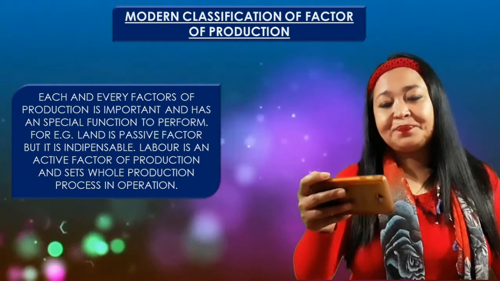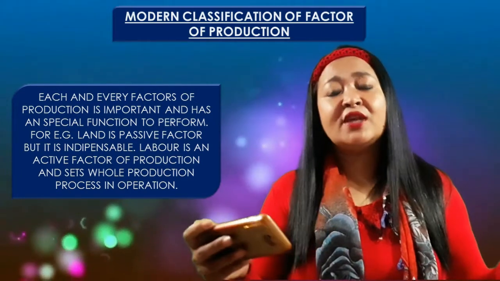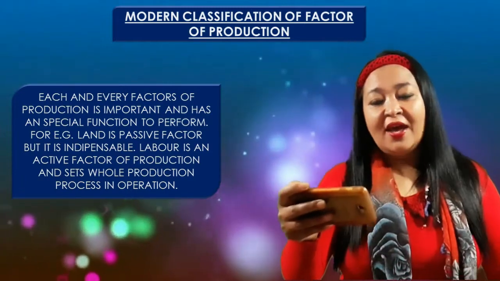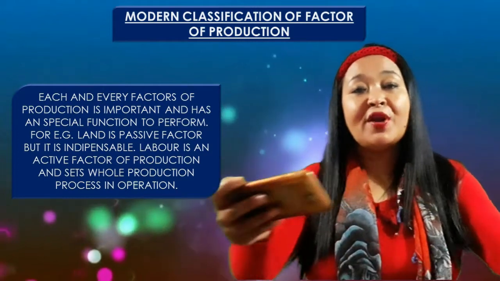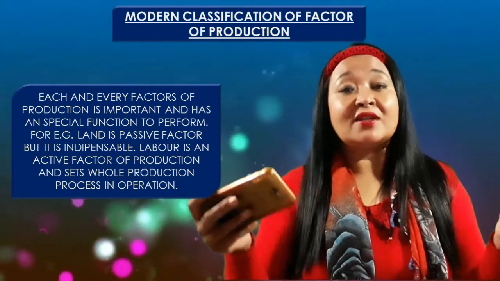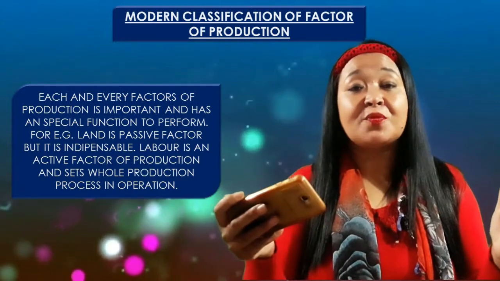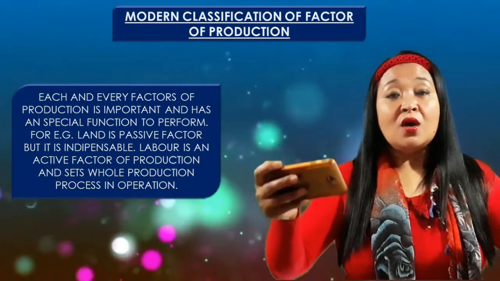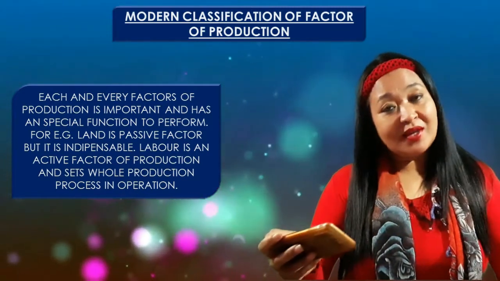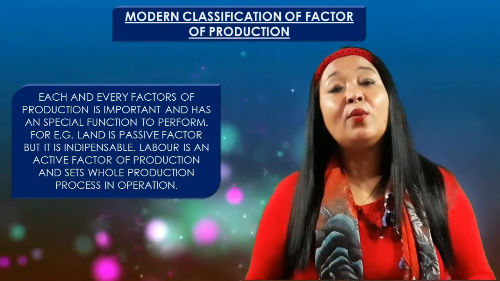And then what about labor? Of course, labor is an active factor of production, as it sets the whole production process in operation. Labor is the only active factor. Then what about capital?